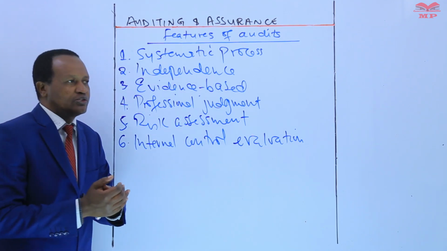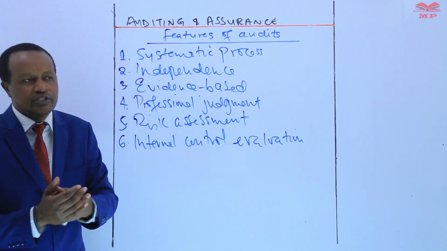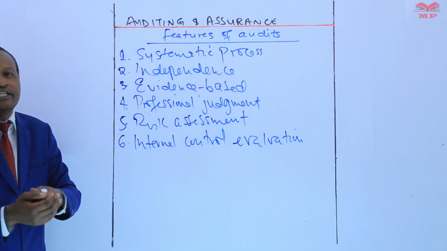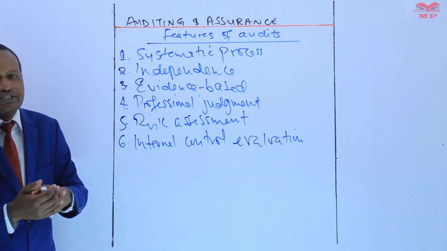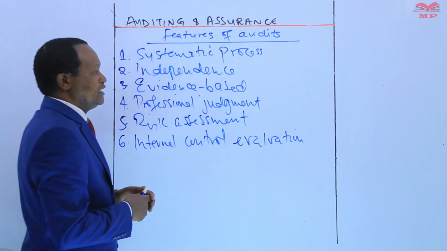And an effective internal control system is one that prevents errors, prevents fraud, and ensures that the company's assets are safeguarded. And that helps them to assess the reliability of financial statements and also identify potential weaknesses in the system.